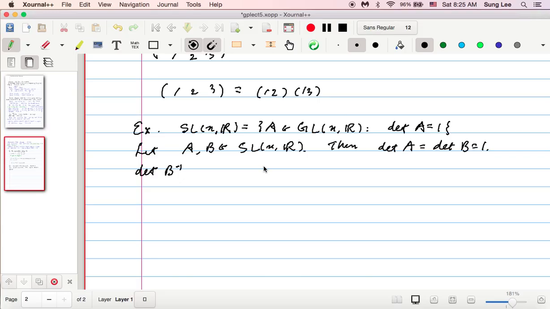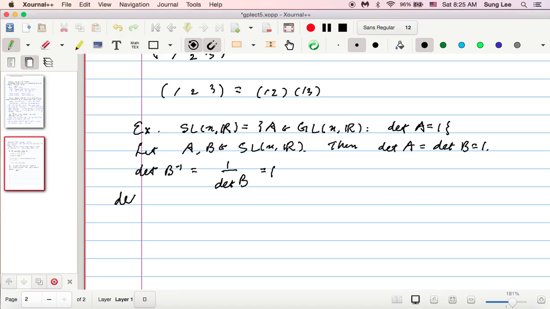Non-singular means determinant not equal to 0, so the inverse element exists. So the determinant of B inverse is the same as 1 over the determinant of B. In our case, this equals 1.